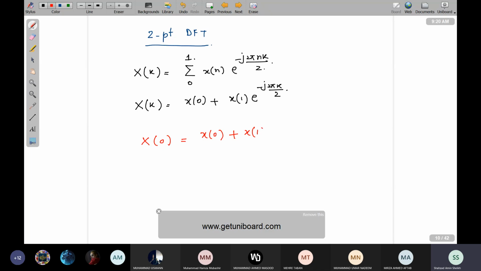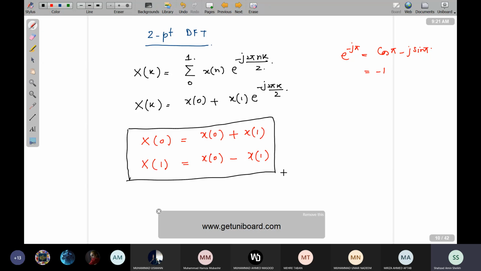So x of 0 plus x of 1, and for capital X of 1, for k is equal to 1, it is exponential minus j pi, and exponential minus j pi is equal to cosine pi minus j sine pi, and that's equal to minus 1. So this is x of 1. So this is my 2-point DFT.